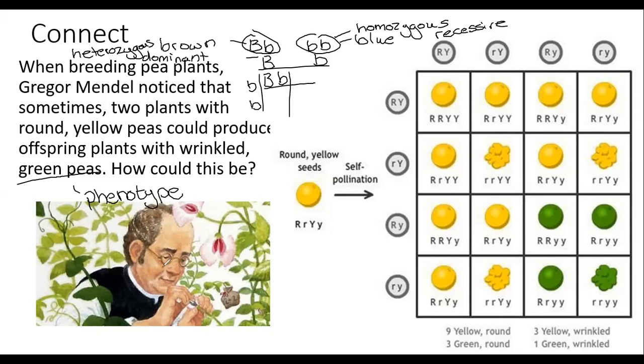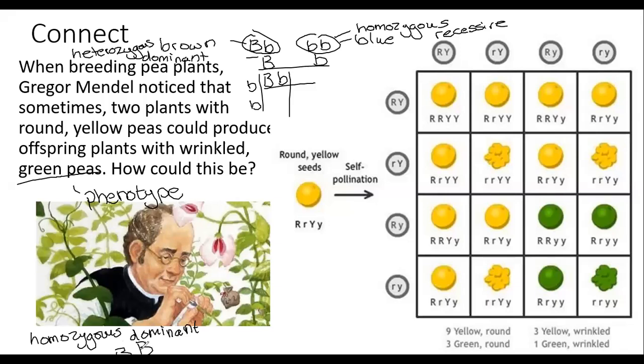You can also have homozygous dominant, and that would look like this. But obviously we haven't got that in this cross at the minute.